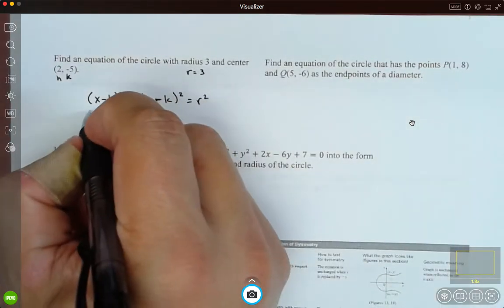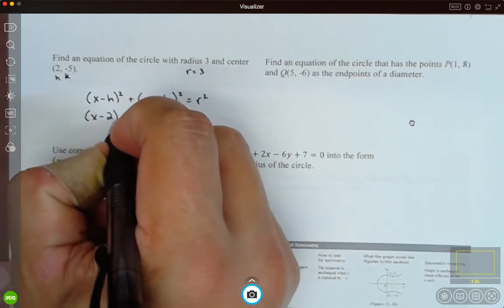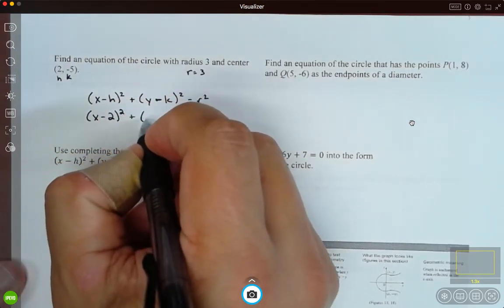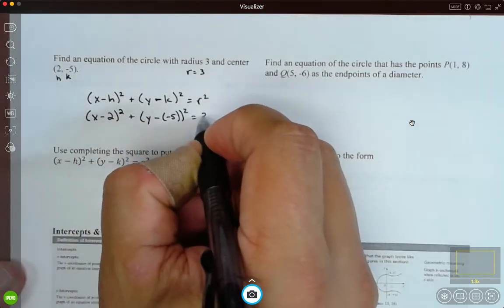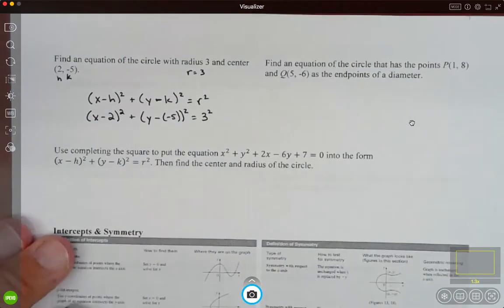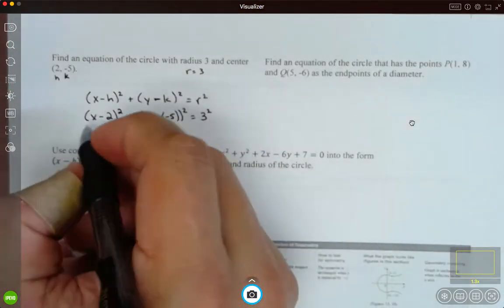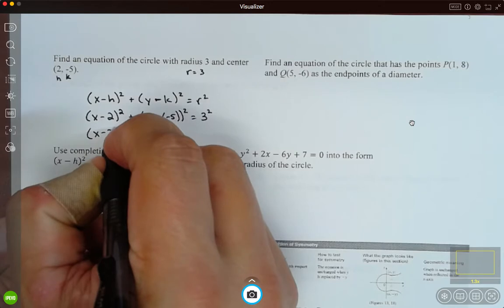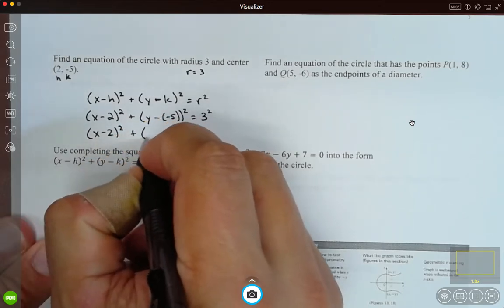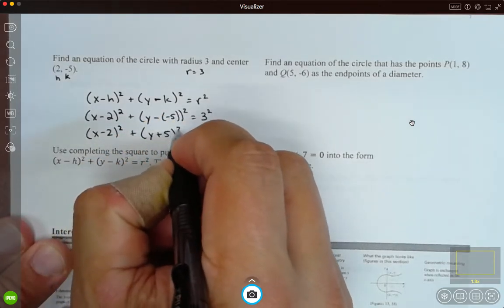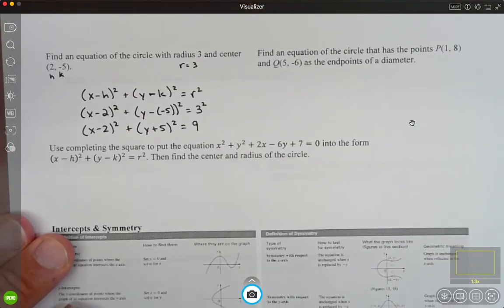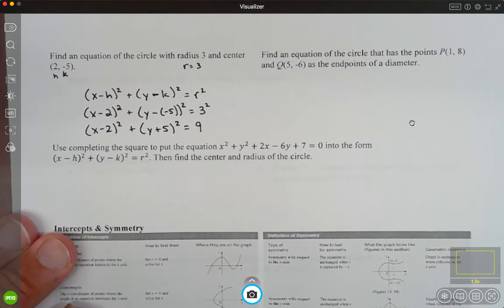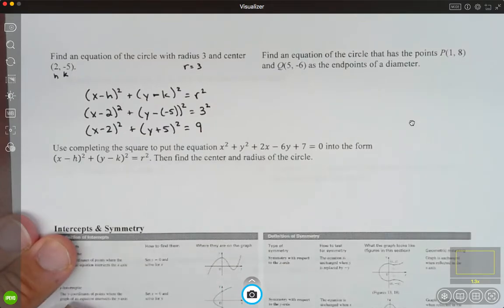So (x minus 2) squared plus (y minus negative 5) squared equals 3 squared. Now we don't like having that double negative there, so we're going to just do (x minus 2) squared plus (y plus 5) squared equals 9. And that's going to be our equation for the circle with the center of 2, negative 5, and the radius of 3.